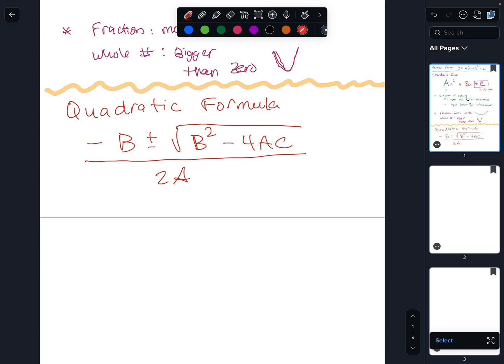But when you break the quadratic formula into two pieces, this negative b over 2a actually helps us find one thing, and this b squared minus 4ac helps us to find something else. That b squared minus 4ac is actually called a discriminant.